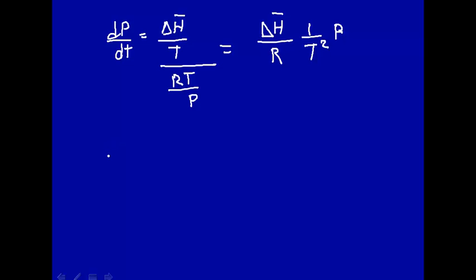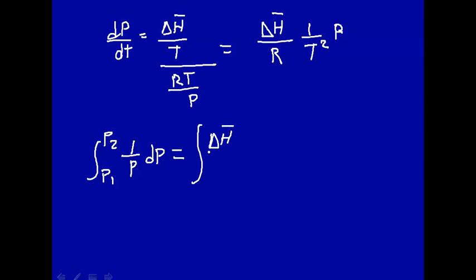So let's integrate both sides. We'll take the P over here, so we can integrate over P, from some initial pressure to some final pressure of 1 over P dP. That's equal to, we're going to integrate this side, delta H over R, 1 over T squared integrated over T. So this is the natural log of P2 over P1.